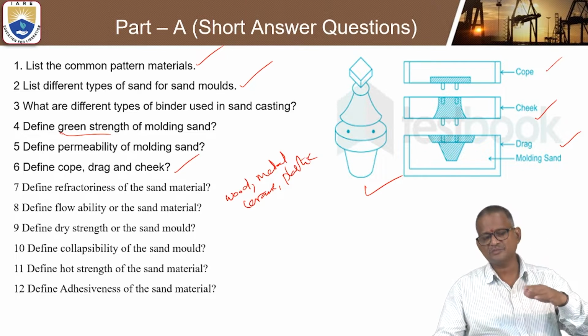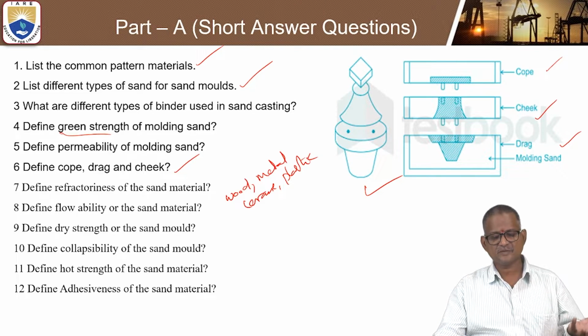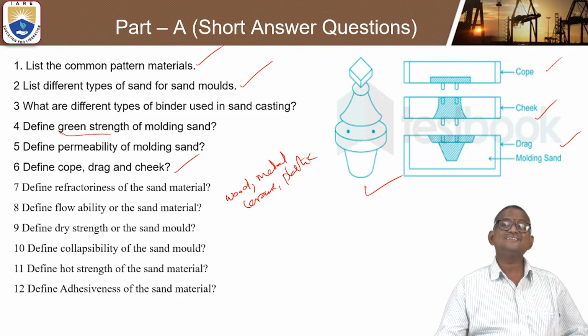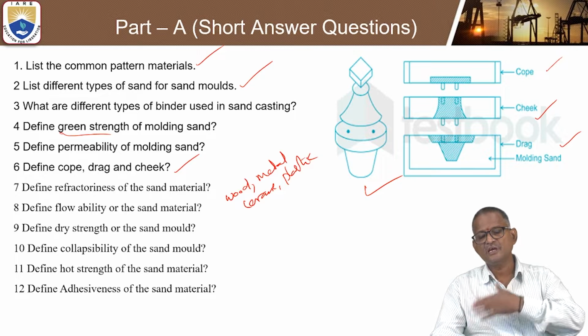You can write at least 8 to 10 properties: refractoriness, flowability, dry strength, green compressive strength, collapsibility, hot strength, adhesiveness. In the long answer, you can explain in detail with the help of neat sketches also.